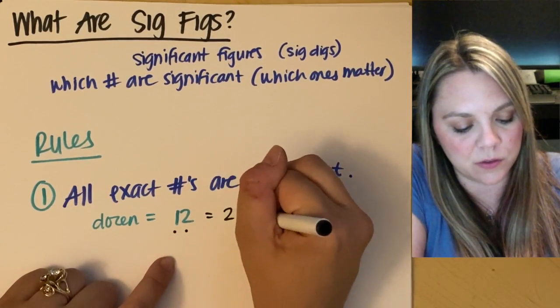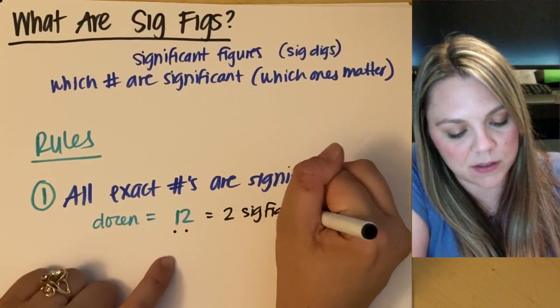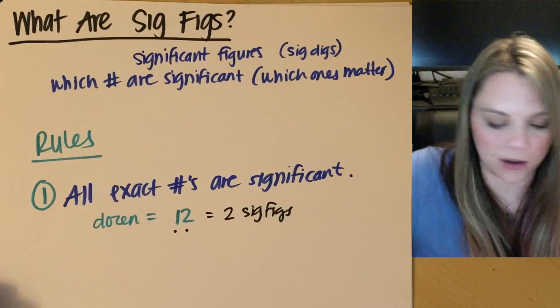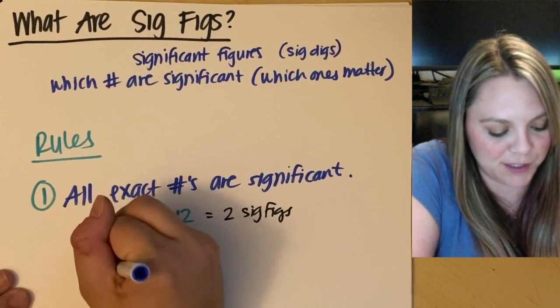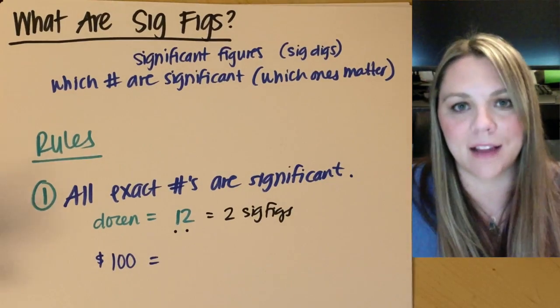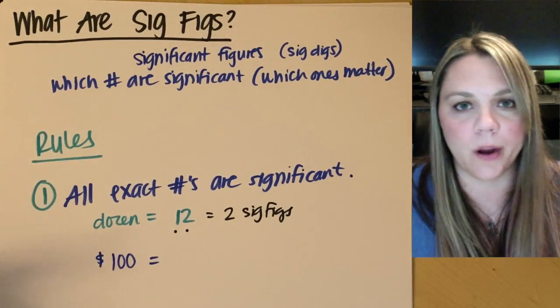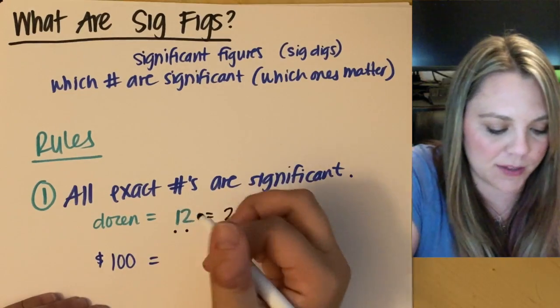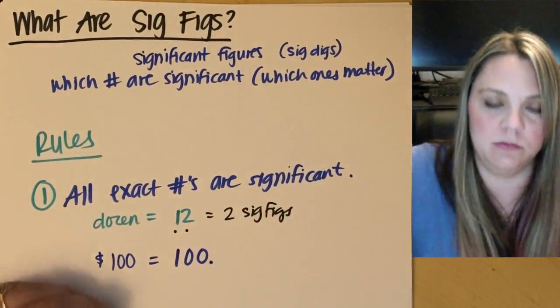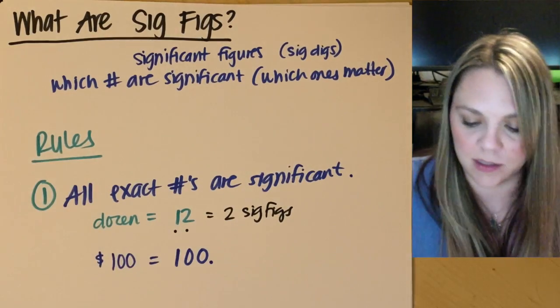I have 2 sig figs in this number. If I had a $100 bill, which I definitely don't, I have exactly $100. I don't have like $100.2. It's exact.